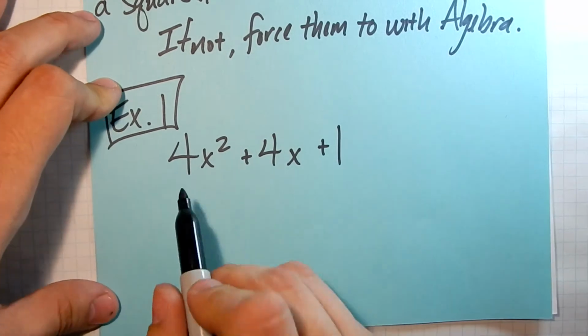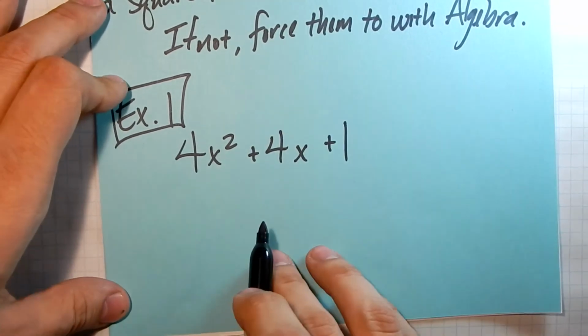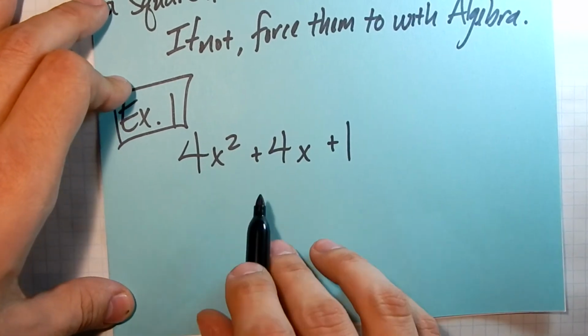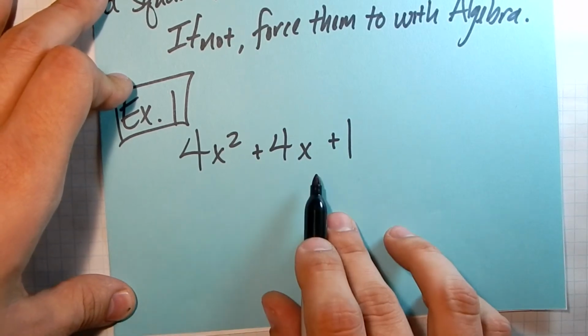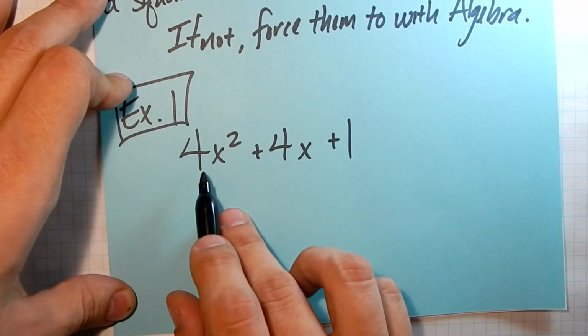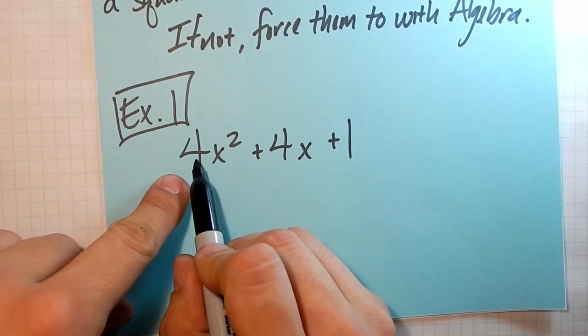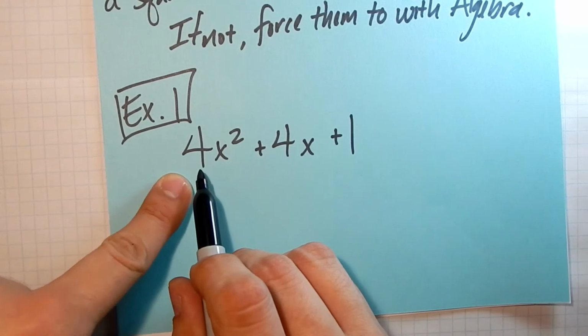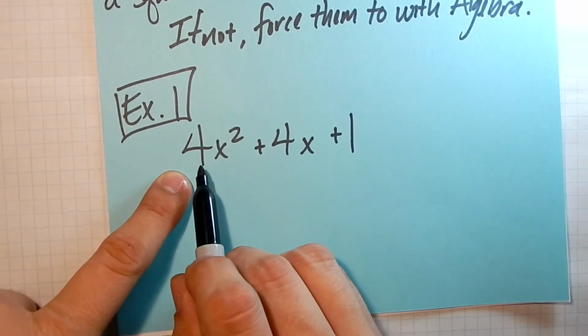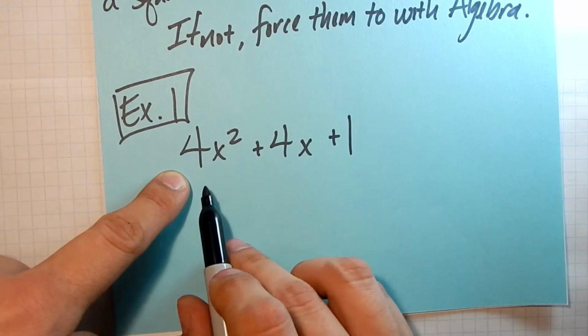Okay, so example 1: we have 4x squared plus 4x plus 1. If we notice our 4 in front, this is a square number. We're looking for 4, 9, 16, 25, 36, 49, and so on.